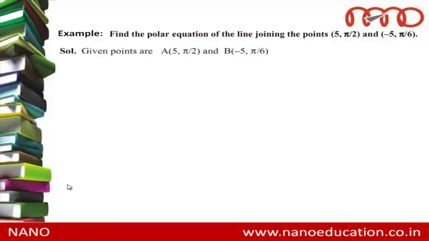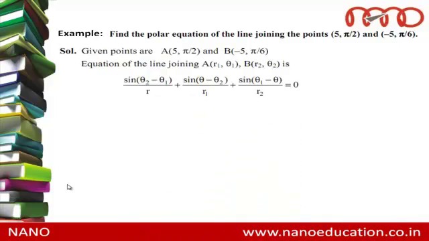Given the points are A 5 comma pi by 2 and B minus 5 comma pi by 6. The equation of the line joining two points r1 theta 1 and r2 theta 2 is, all of you have to know it by heart, sin theta 2 minus theta 1 by r plus sin theta minus theta 2 by r1 plus sin theta 1 minus theta by r2 is equal to 0. Now let us substitute.